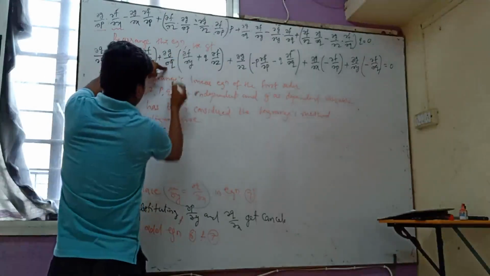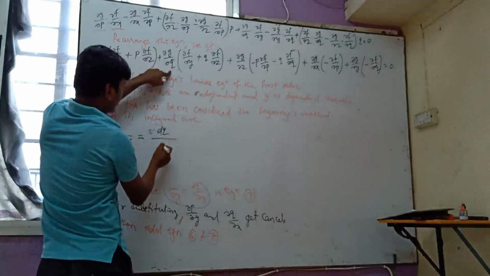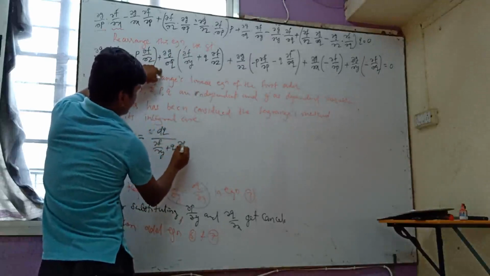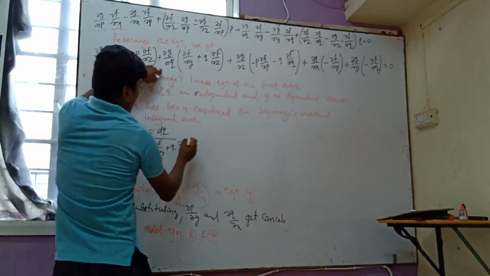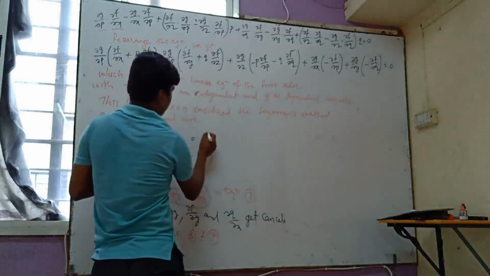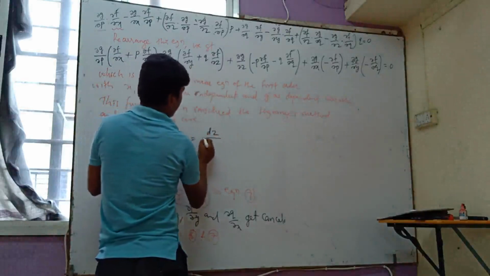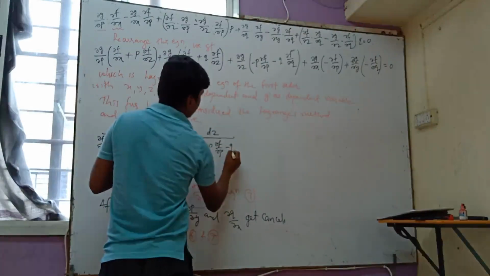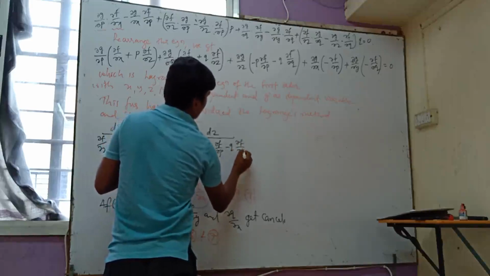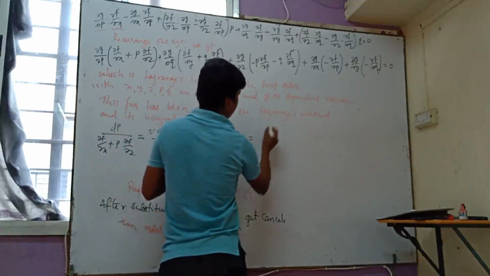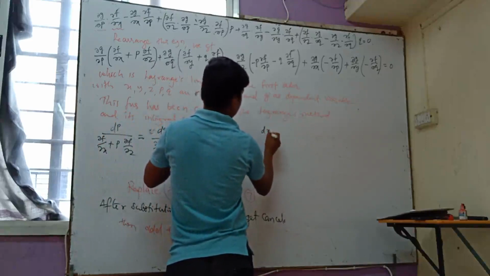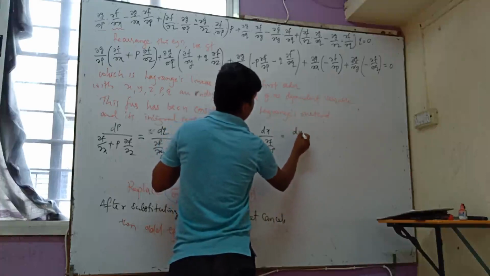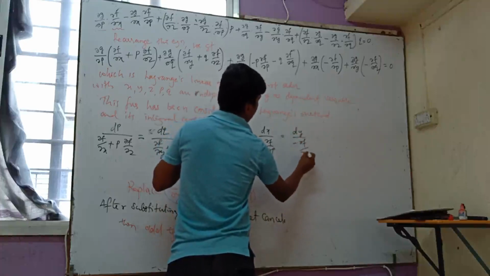So here ∂z/∂q, this is dq divided by ∂f/∂y plus q into ∂f/∂z, and is equal to dz divided by minus p into ∂f/∂p minus q into ∂f/∂q, and this is equal to dx divided by minus ∂f/∂p, equal to dy divided by minus ∂f/∂q.